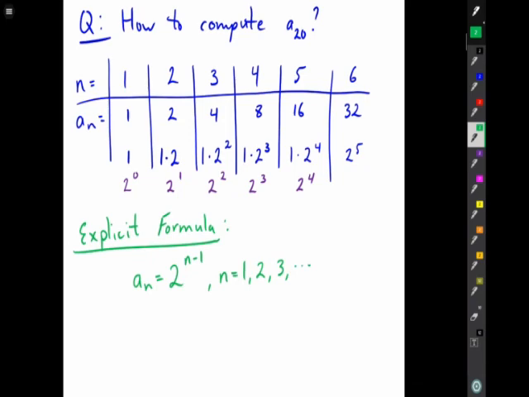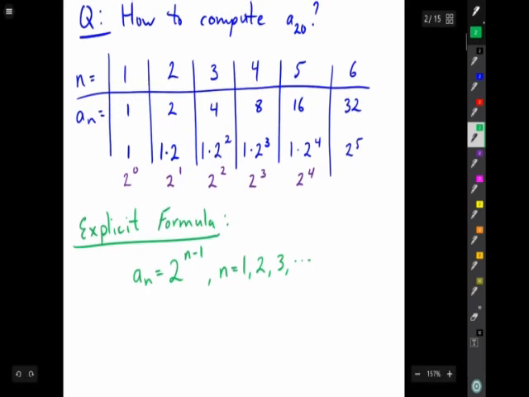Now look at the beautiful thing here with an explicit formula. If I want, say, the 20th term, all I have to do is just plug in n equals 20.